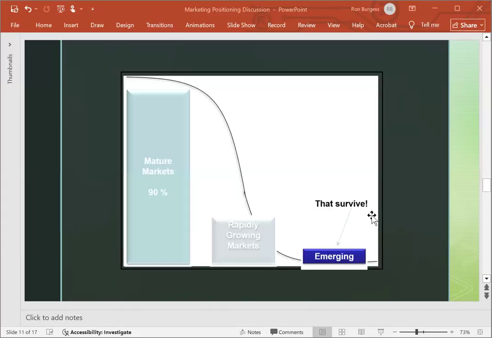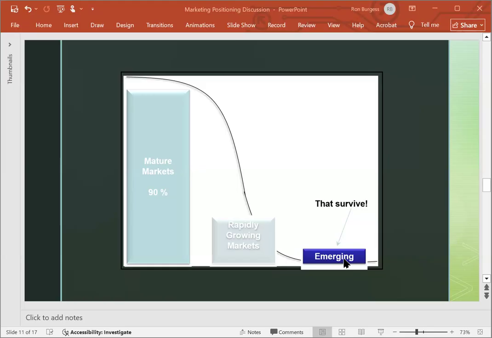Well, how big are these markets? The mature market has the lion's share of that. That's where the business is, but it's not growing very rapidly anymore. So you've got to get there and maintain that market. The middle market that is growing rapidly is a small piece of the market, maybe 8 or 9%.